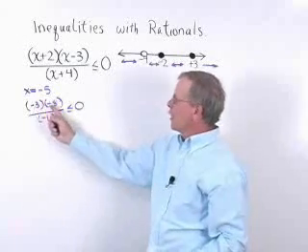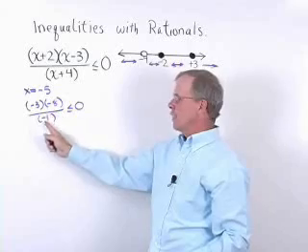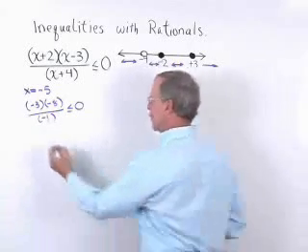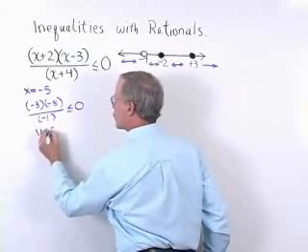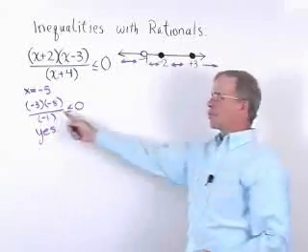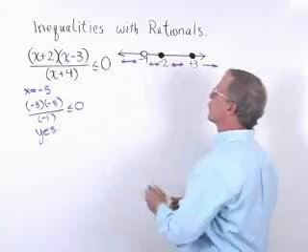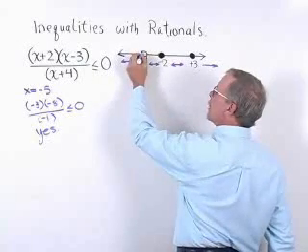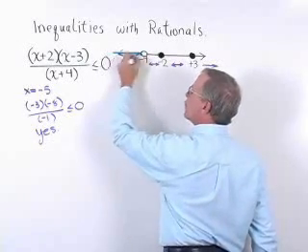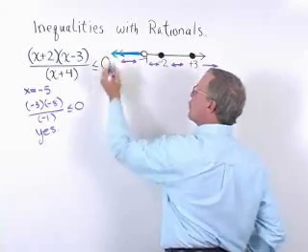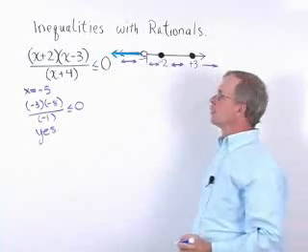A negative divided by a negative is a positive. Divided by a negative is negative. So the answer here is yes. That's true. That means that our interval from negative 4 down is in fact part of the solution to this problem. So we'll label it like so.